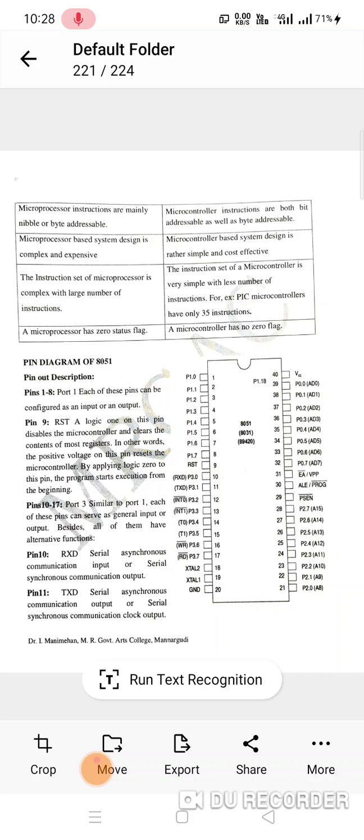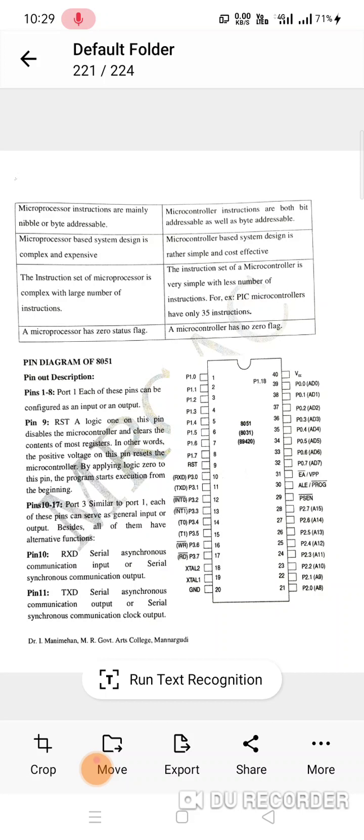These are port 3. This indicates both the function for port 3 and transmission, reception, because it is a multifunction pin.